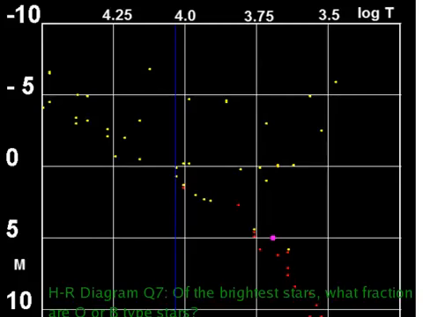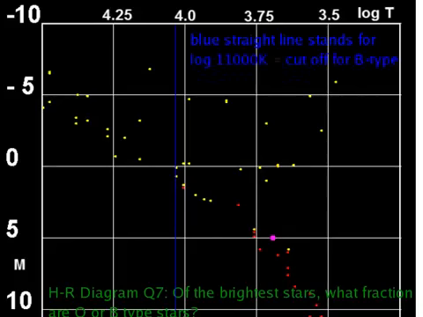So what we have here, the blue straight line stands for the log of 11,000 K, which is the minimum surface temperature cutoff. So that would be the cutoff for B-type stars.